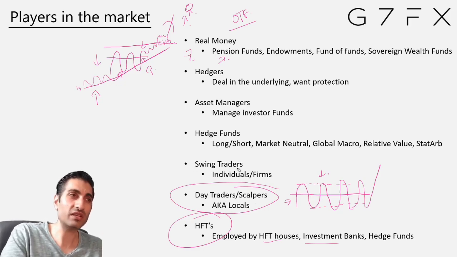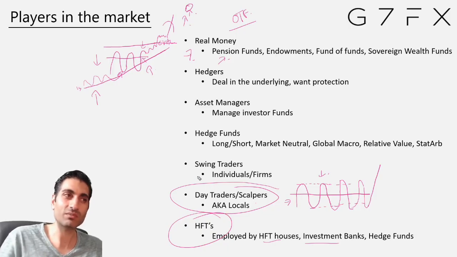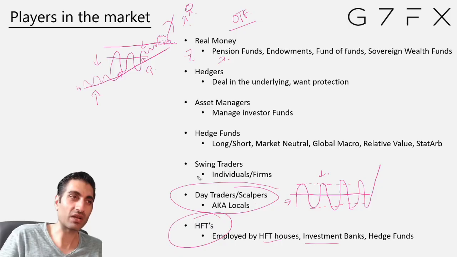That's all. Then you get swing traders, and actually, a lot of these guys will be swing traders. I just wanted to put them separately because my point is that, you and I, typically we're day traders. I don't really like to use that word, but we're locals, we're guys that are trying to take the maximum of the daily range or a part of the daily range.